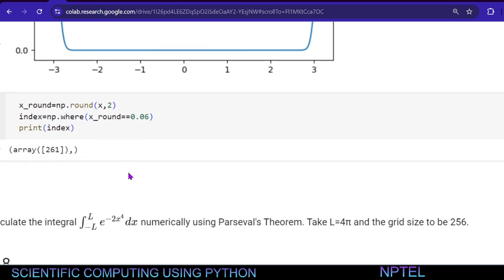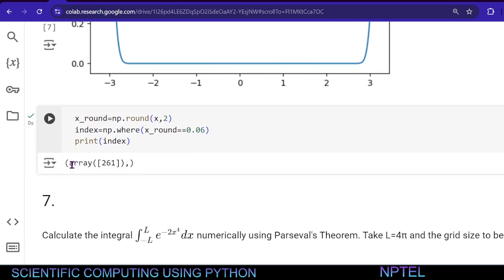It's actually a tuple with one element, which is an array having one element. If I write 0 here, it gives the first element of the tuple, which itself is an array. So to get this index itself, I have to write 0 again. So I will get 261.